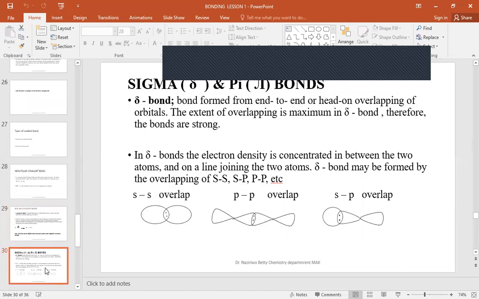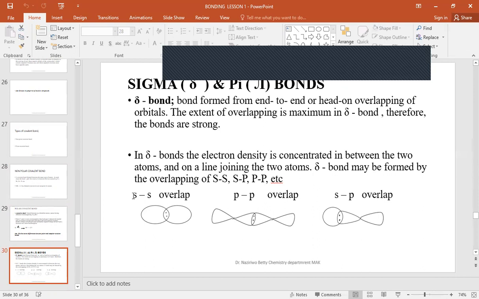Let us look at the sigma and the pi bonds. What is a sigma bond? This is the bond formed from end-to-end, or head-on overlapping of the orbitals. The extent of overlapping is maximum in a sigma bond. Therefore, the bonds formed by sigma bonding are always strong.